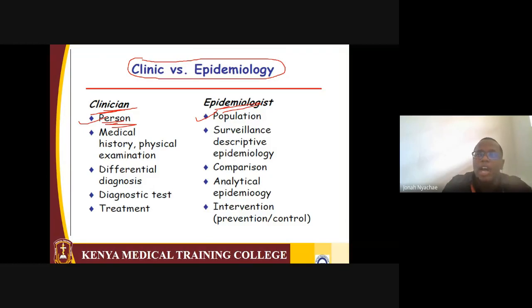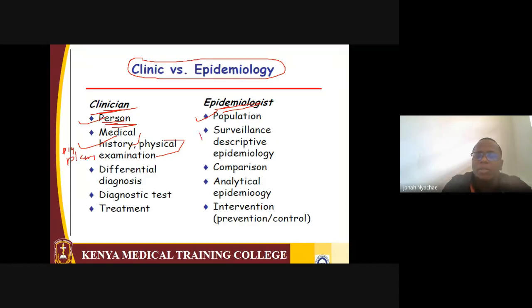For example, now we have the Kenyan population who were threatened by COVID-19. A clinician will rely on the medical history and physical examination to be able to form what? A diagnosis or a plan of care.